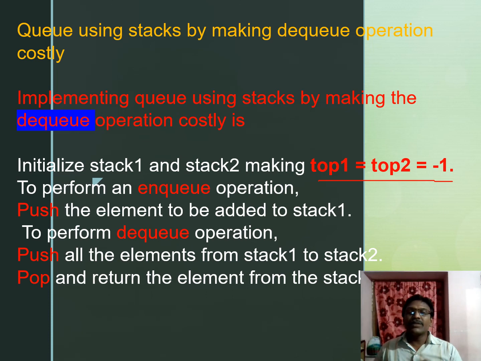To perform a dequeue operation, push all the elements from stack 1 to stack 2. Then pop the top of the stack and return the element. This is the dequeue operation using stacks.